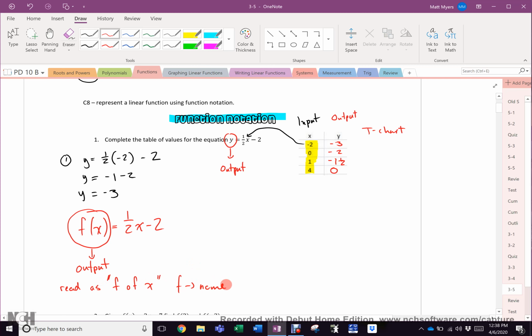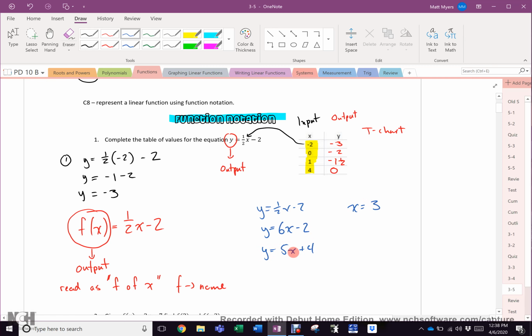Now, the reason we do this is because if we have more than one equation and we write y equals 1/2 x minus 2, y equals 6x minus 2, y equals 5x plus 4, and I tell you x equals 3, where do you put that?